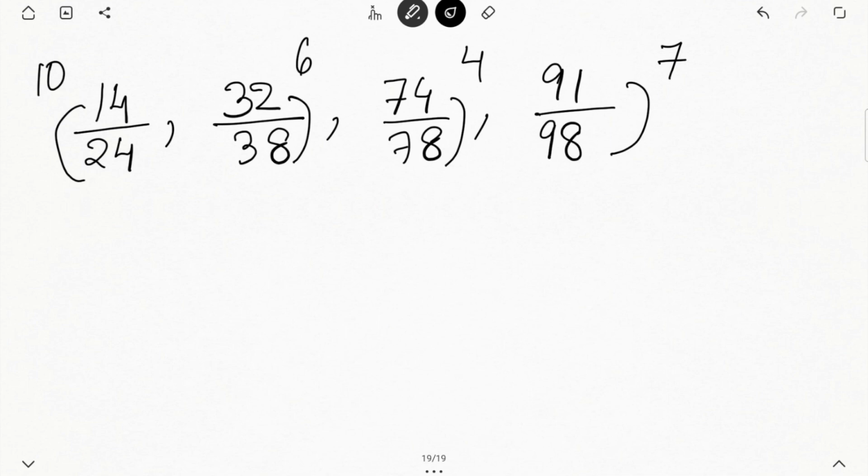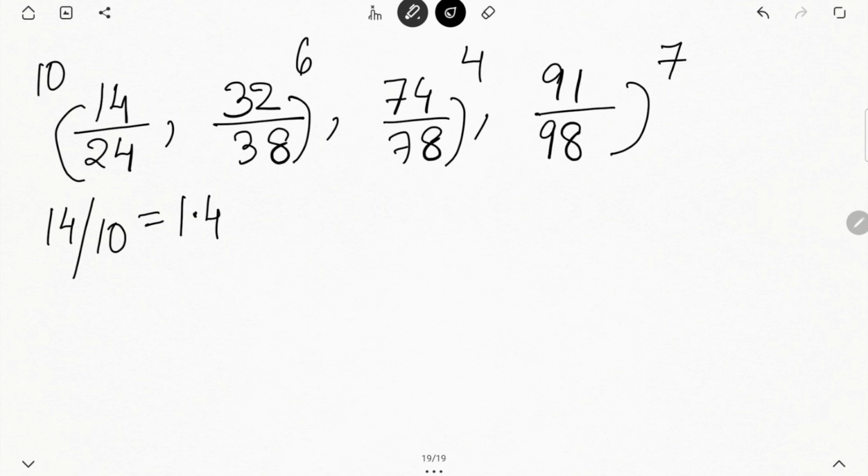So what do we do when the differences are not the same? We know that we have to divide the numerator by the difference. So it will give us 14 by 10, which is equal to 1.4.